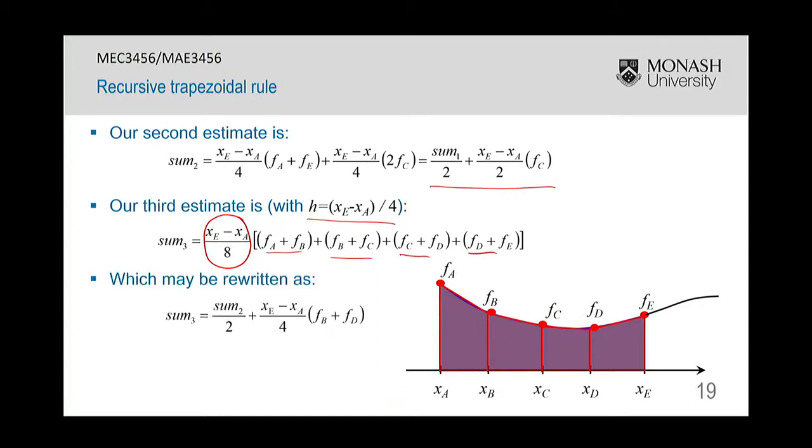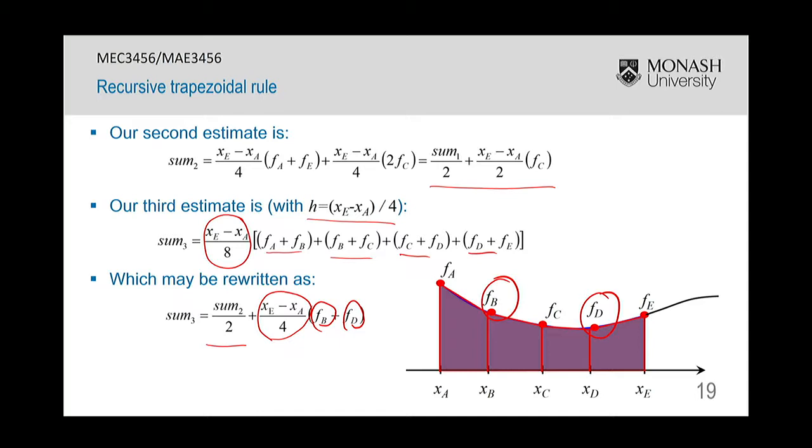If we group all of those terms together and mess around a little bit, it's very easy to show that sum 3 is equal to 1/2 of sum 2 plus xe minus xa on 4, that's the new step size h, multiplied by a sum of fb and fd. That's this point here and this point here. Those are the two new points that weren't in the previous sum 2.